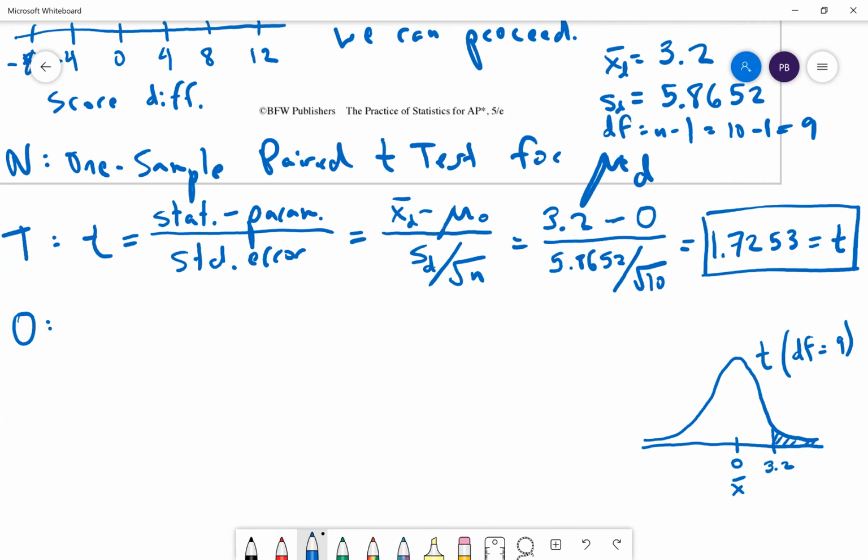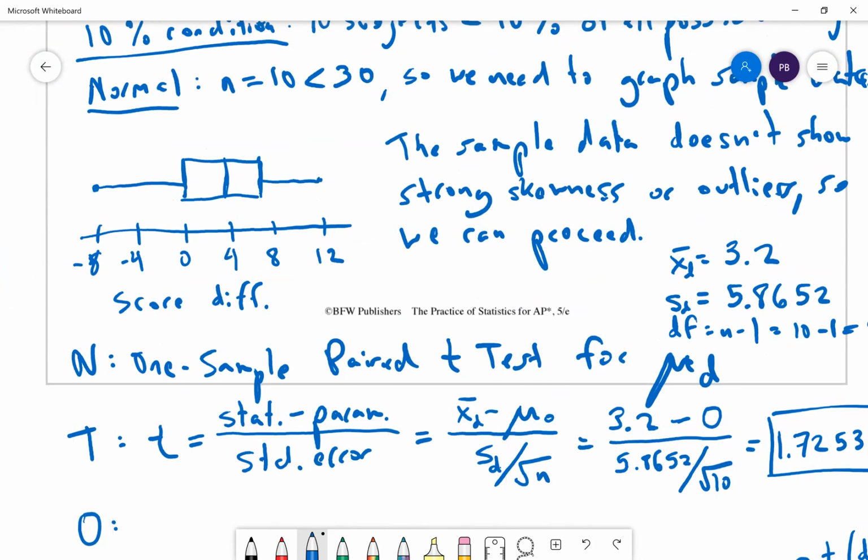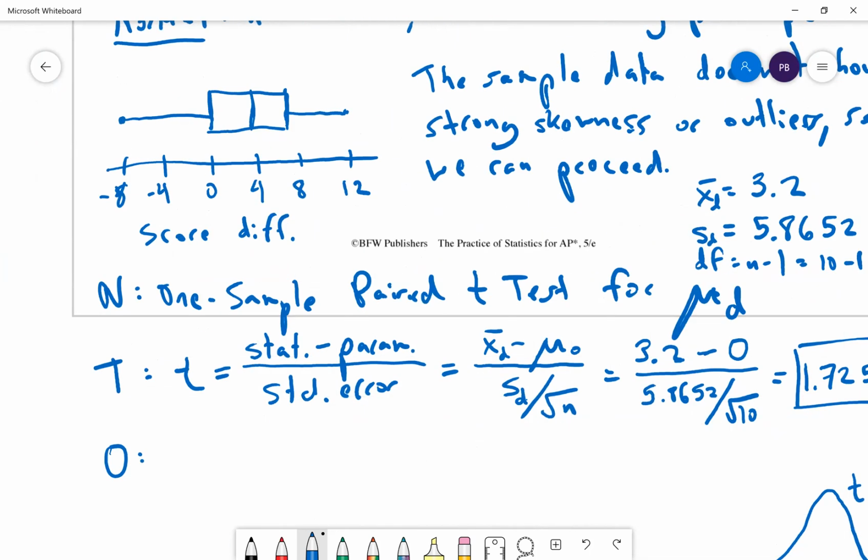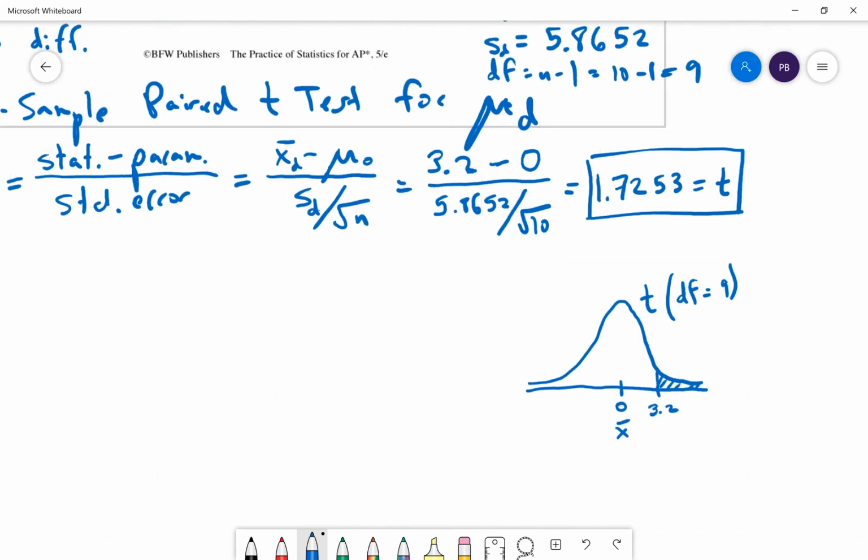And to help you with that sign, you can always look at the alternative hypothesis. The direction of the shading is always going to match the direction of the sign in the alternative hypothesis. So here we had a greater than sign. So then we're going to shade above 3.2. That shaded area would represent our p-value.